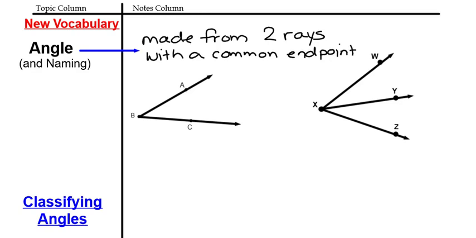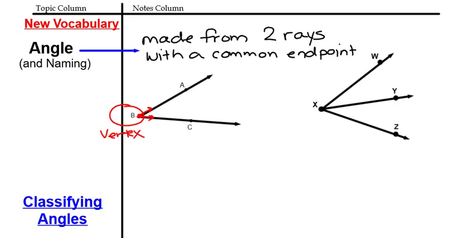Now, I have two different examples of angles right here. In the first example, the angle on the left, notice that I have an endpoint right here, B, and my two rays point out from that. This endpoint is what we call the vertex.